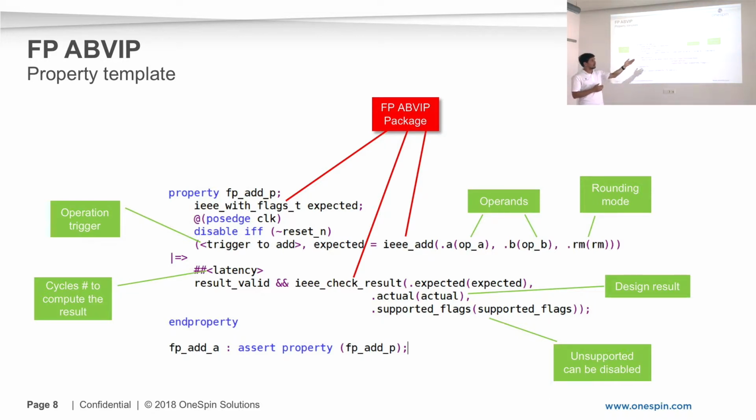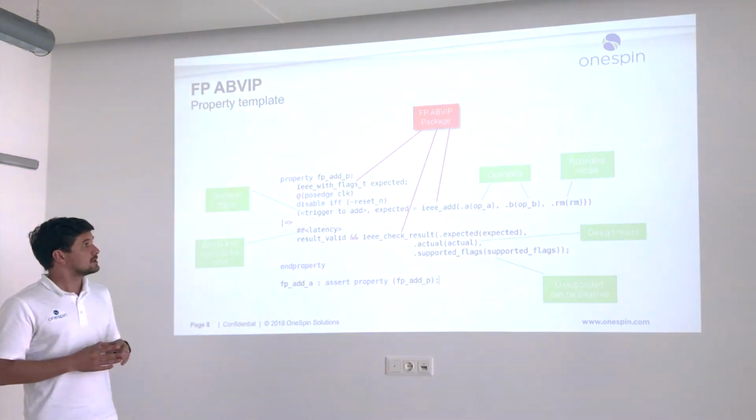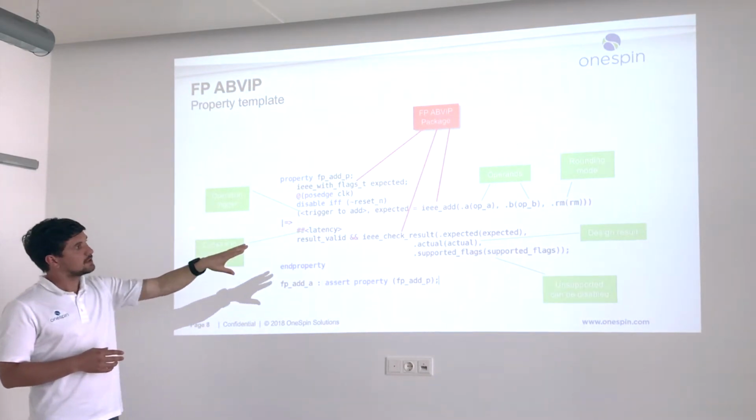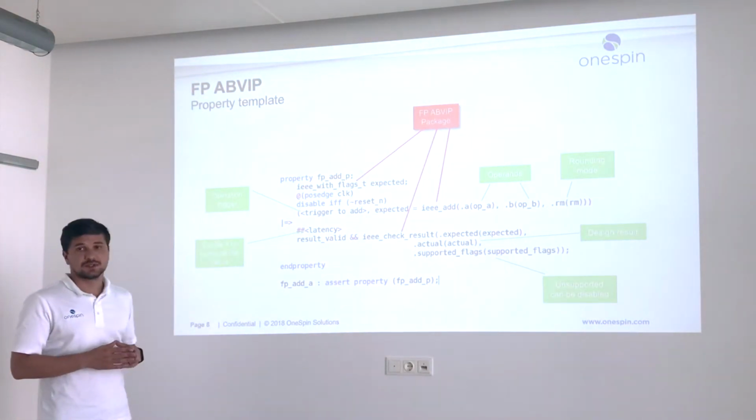You're adding op A with op B, and also specifying the rounding mode. The user also needs to specify after how many clock cycles the result will be valid at the output. The property checks the computed expected results against the actual results seen at the output of the floating point unit, and the supported flags are also checked. All of these IEEE functions come with the floating point assertion-based verification IP.